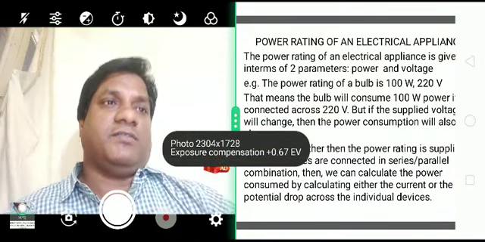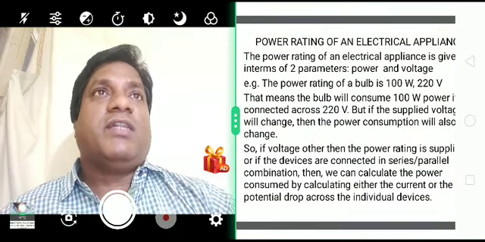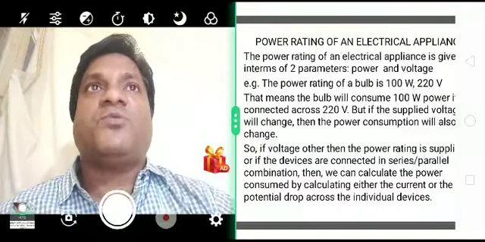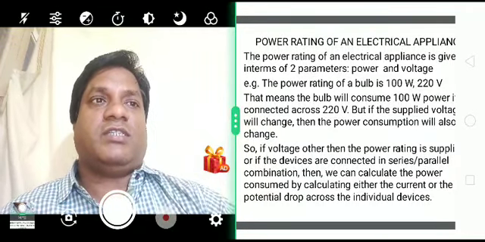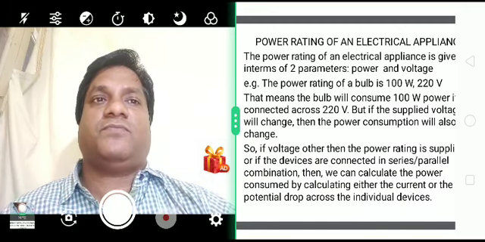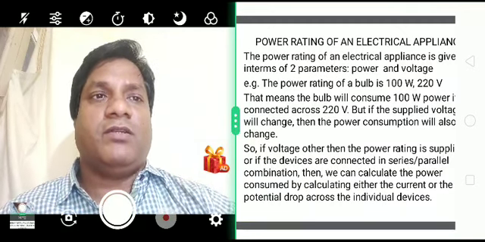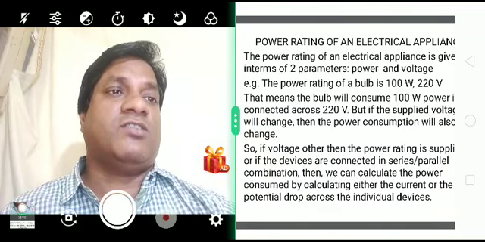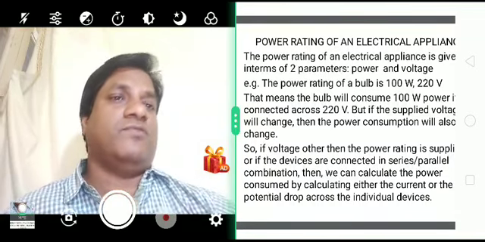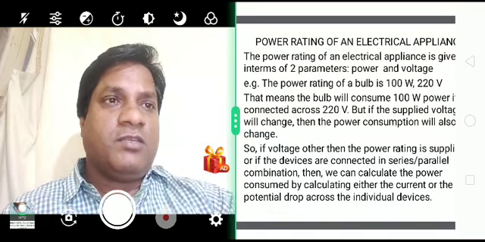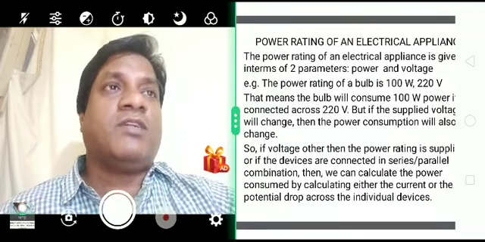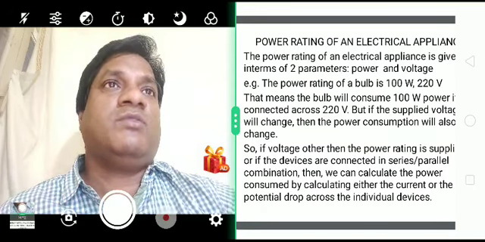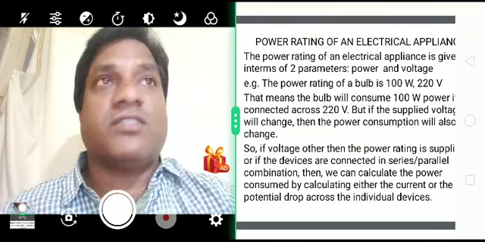Next, power rating. The power rating of an electrical appliance is given in terms of two parameters, that is its power and voltage. For example, the power rating of a bulb is stated as 100 watt, 220 volt. That means the bulb will consume 100 watt of power if it is connected across 220 volt potential difference.